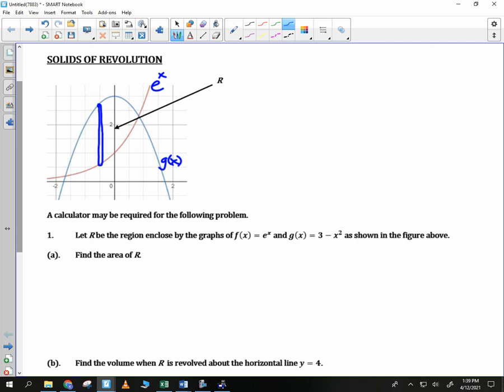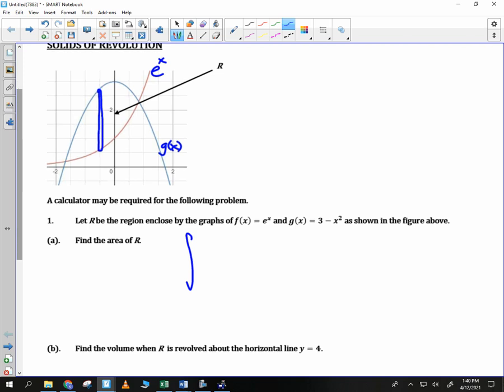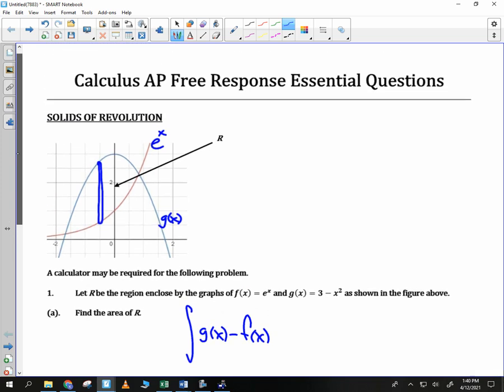We simply set up the integral. And do you remember what we do with these two functions? Top minus bottom. Does that come back to memory? On the AP exam, you can simply write g of x is on top, f of x is on bottom. You don't have to actually write e to the x or 3 minus x squared.